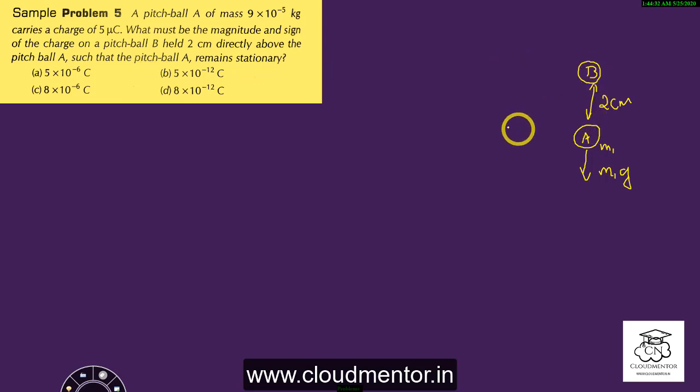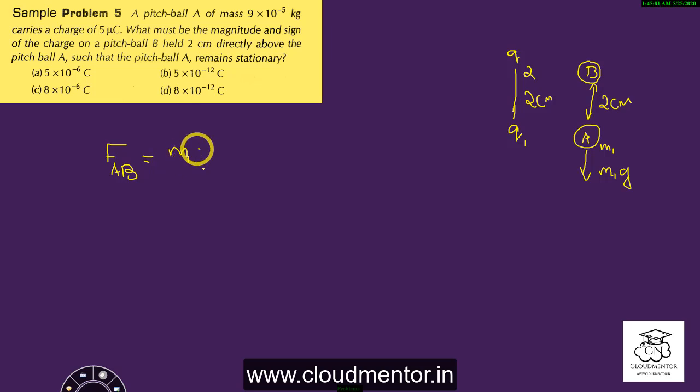If the charge on A is q1 and the charge on B is q2, and the distance between them is 2 cm, then the force between them must be equal to the weight of the pith ball A. That is, we can equate the force between A and B, FAB, to m1g.